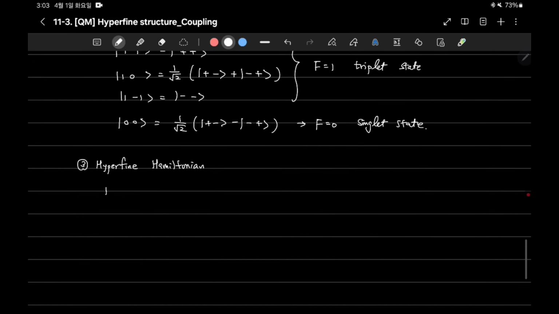We already know that the hyperfine Hamiltonian is A over h bar square times s dot I. Because f square is s square plus I square plus 2 s dot I, s dot I means A over 2 h bar square times f square minus s square minus I square.